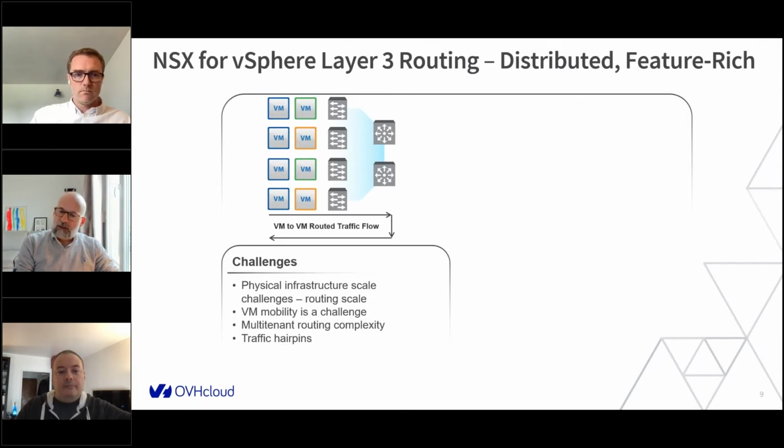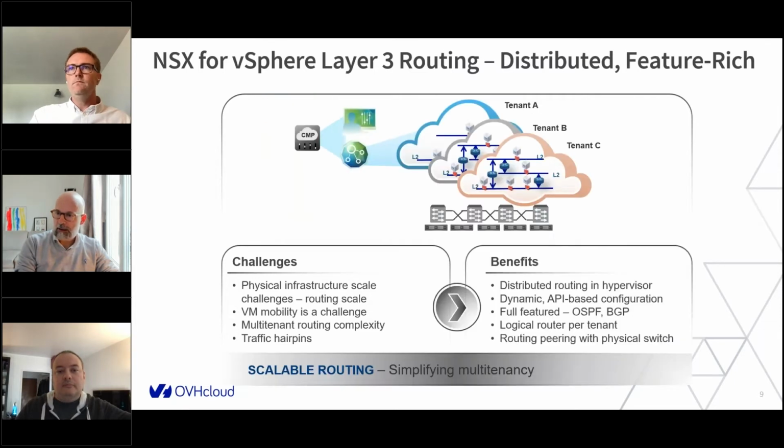We have the ability to distribute the routing and to manage some challenges we can have using the hardware or the physical network, like for example the scale, the VM mobility, we talked about that already, the multi-tenancy and the traffic hairpinning.